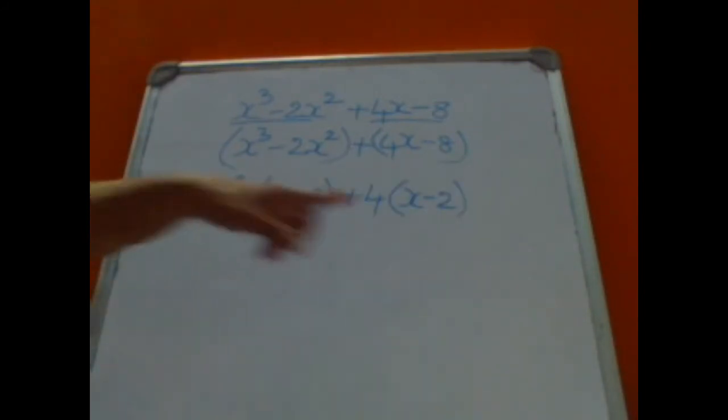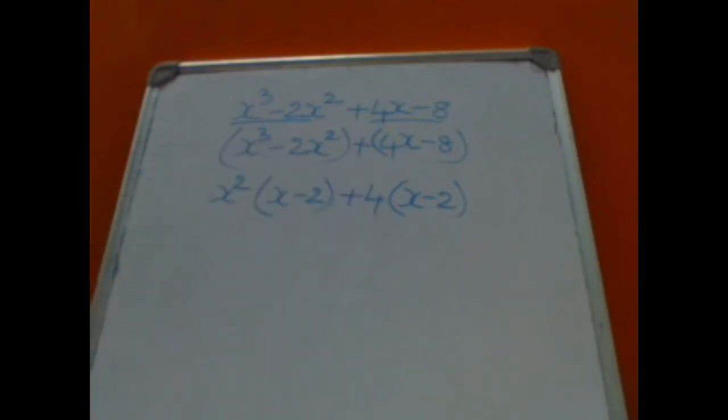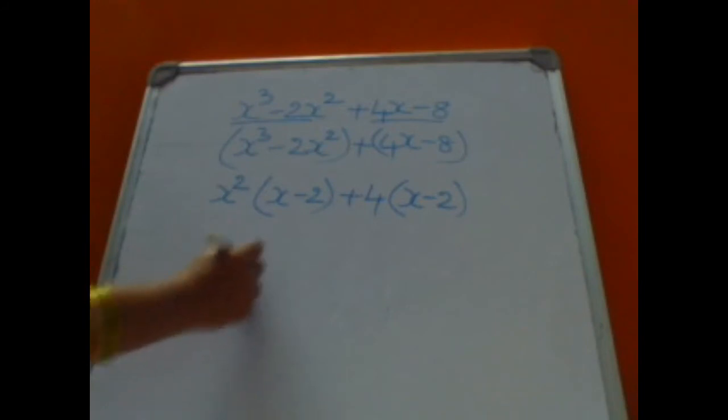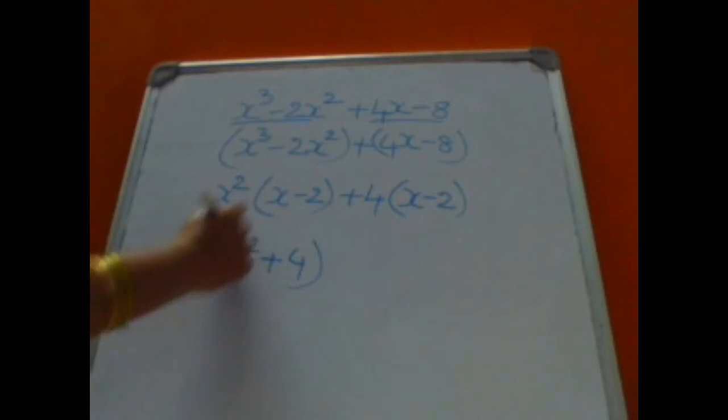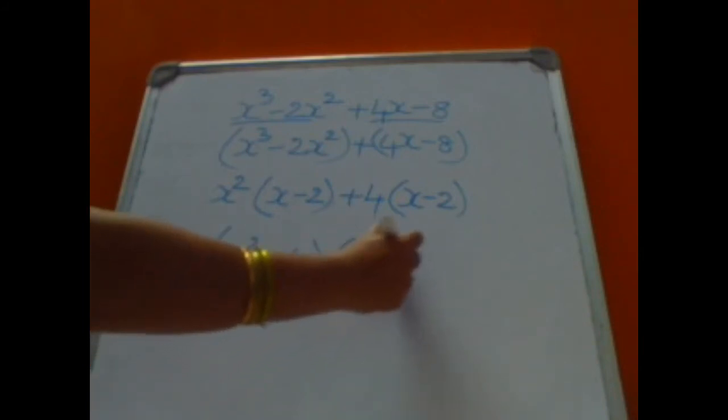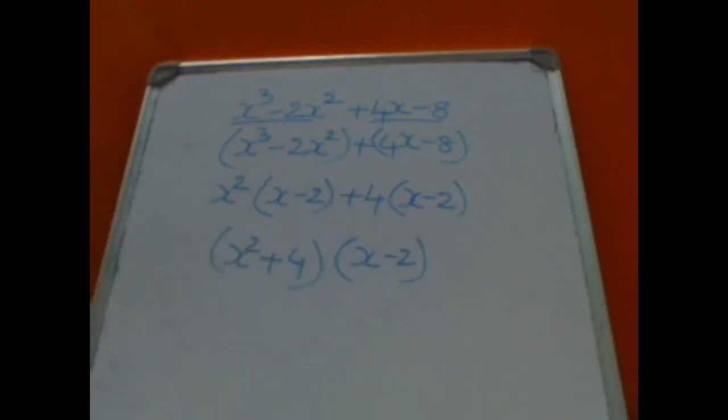Now you can observe that x minus 2 and x minus 2 is common, and can be taken as one common factor. So the factors are x square plus 4, which is outside the bracket, and x minus 2, which is common within the bracket.